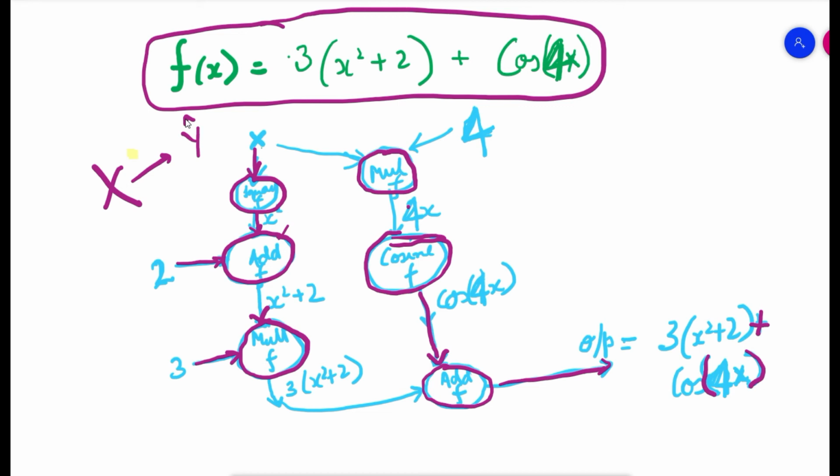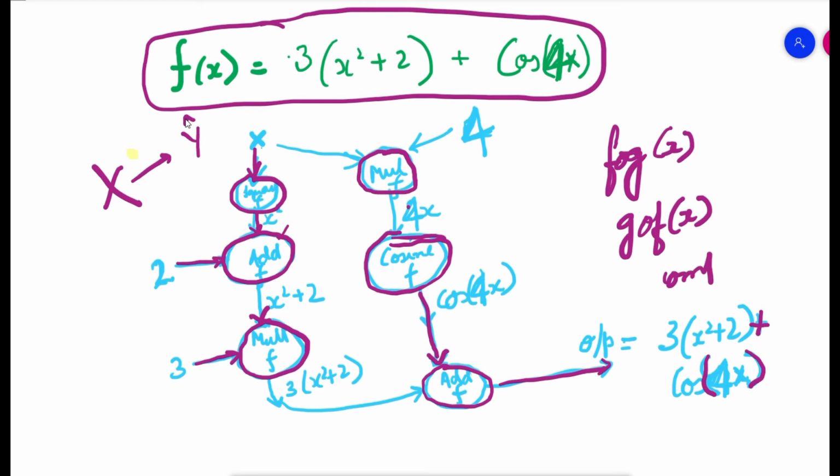So if you understood the flow of implementing this function using a combination of various kinds of functions, I think you would have already studied this as f of g of x and g of f of x, in composition of functions at your senior secondary level.